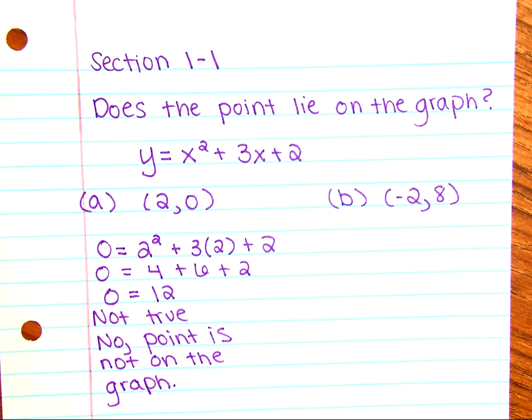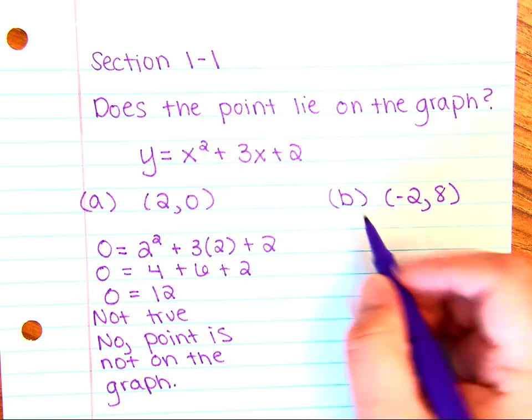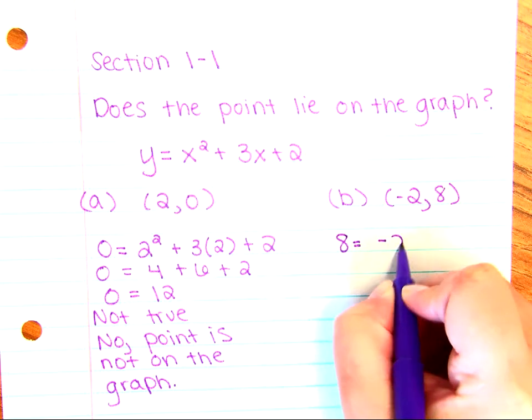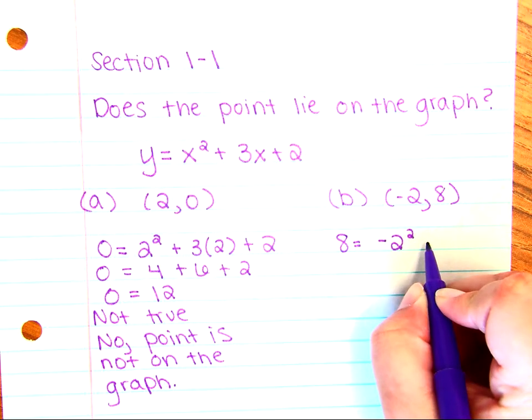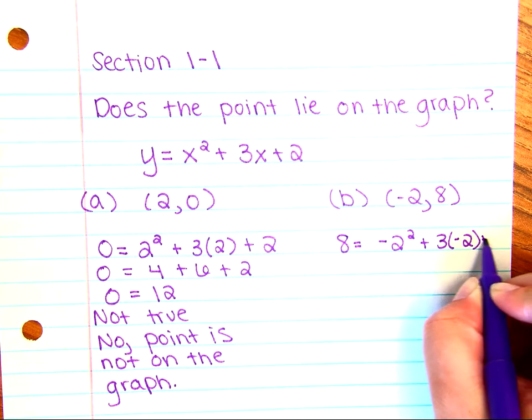Negative 2, 8. Again, now might be a good time for you to pause the video and try this problem before I go through it. It's exactly like the previous example, so it's a good time for you to try it on your own. So again, this is an xy pair. So we have 8 is equal to negative 2 squared plus 3 times negative 2 plus 2.